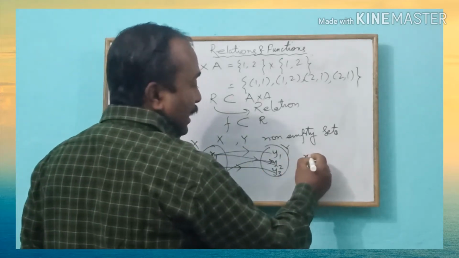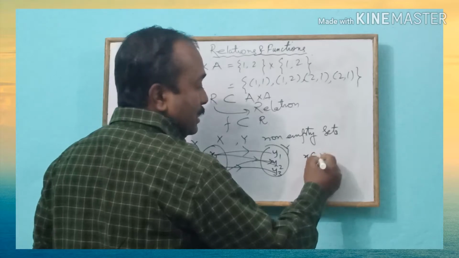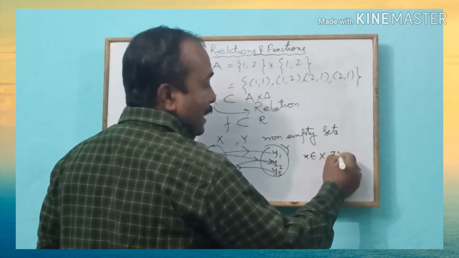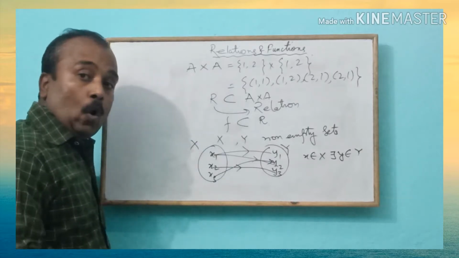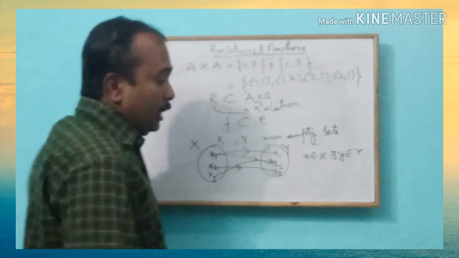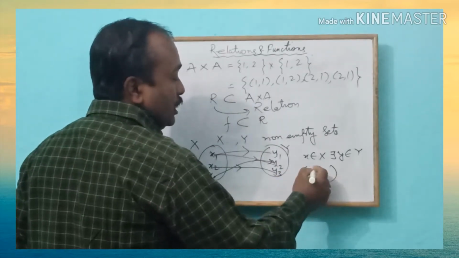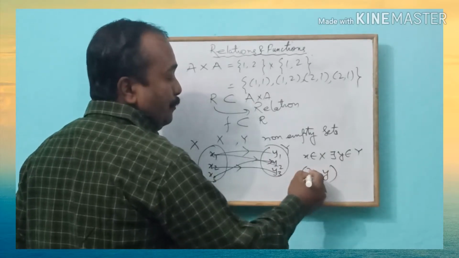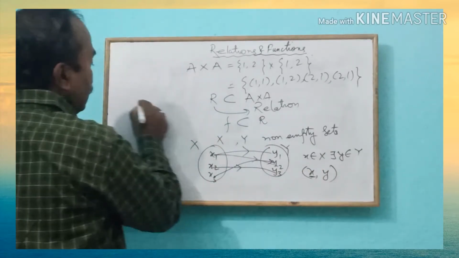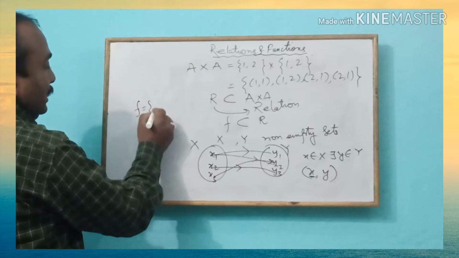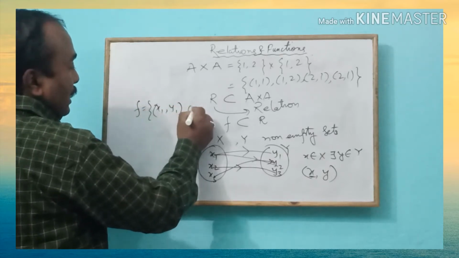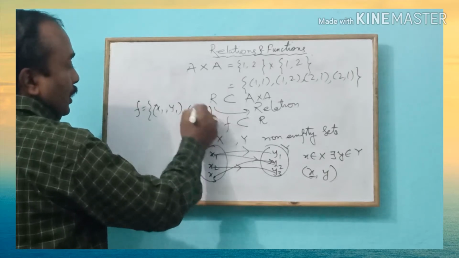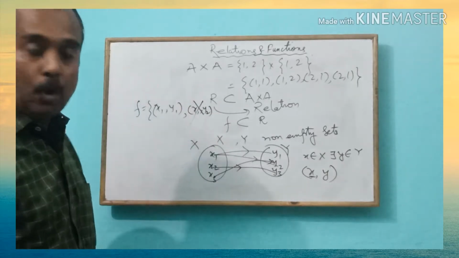So for every x belonging to X, there exists y belonging to Y. And all the ordered pairs in the function cannot have the same first component. That means we cannot have in the function (x1, y1) and then (x1, y2). This is not possible.